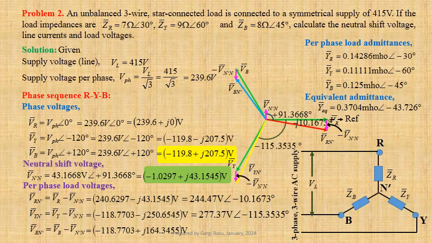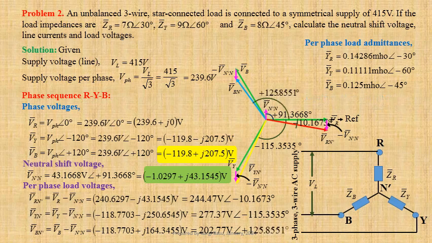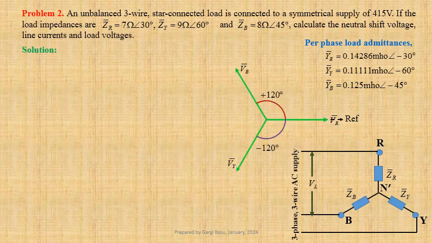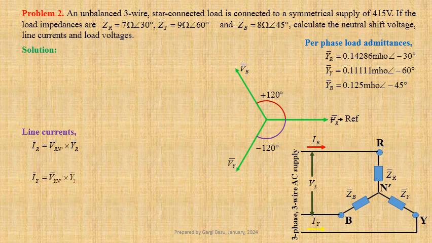In polar form, this may be written as 202.77 volt at an angle plus 125.8551 degree. Expressions for line currents: IR equals Vrn dash into YR, IY equals Vyn dash into YY, and IB equals Vbn dash into YB.